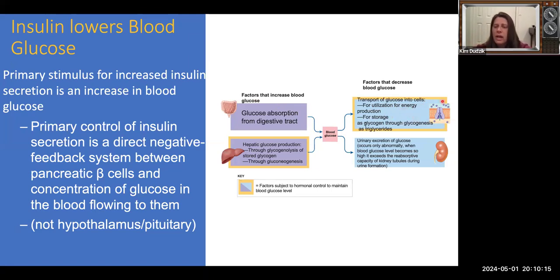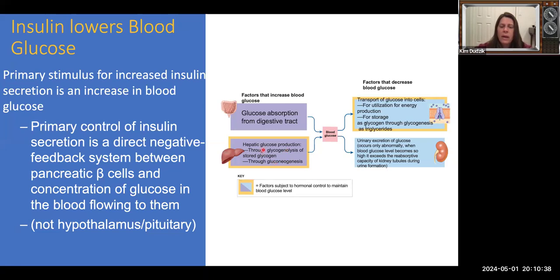And the way they do that, insulin, once it binds to a receptor, causes the establishment of these glucose transporters in the cell membrane. So now glucose can move in on its concentration gradient. Okay.